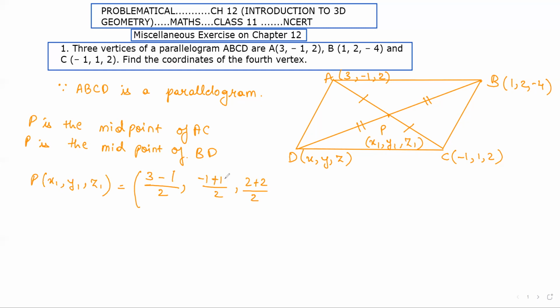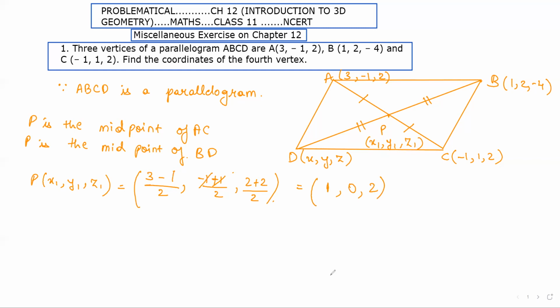Should be addition, right? Average. -1 plus 1 divided by 2. So this will give you 2 by 2, which is 1, comma, -1 plus 1, these both will get cancelled. You get 0. And 2 plus 2, 4 divided by 2, is 2.